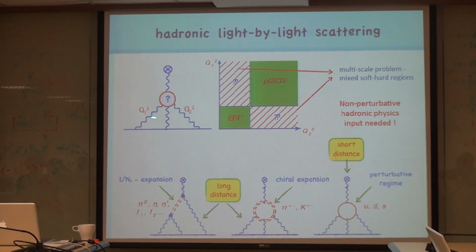And then when both scales are very large, this blob is just a perturbative quark loop. But you have to take all these into account without double counting. So you really need a separate calculation for different energy regimes in order to cover this full two-loop integral.